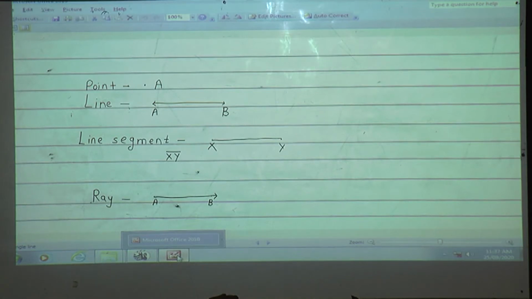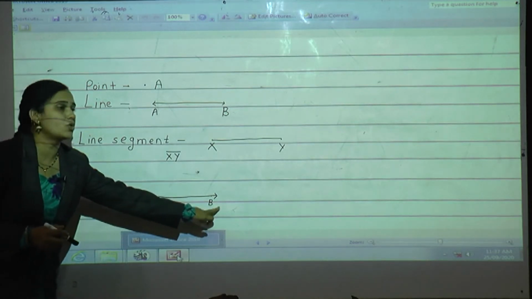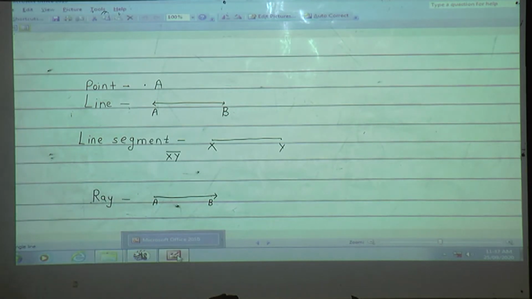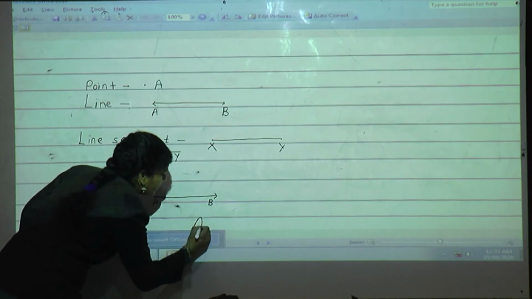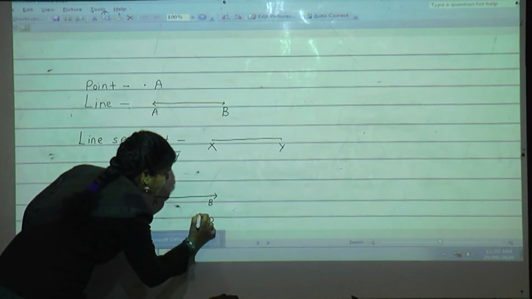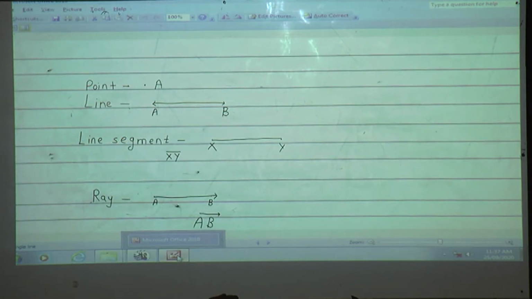It begins at point A and it has no end point. B is a point on the ray. The ray AB is denoted like this. So these are some geometrical figures that you have already studied in the previous standard.